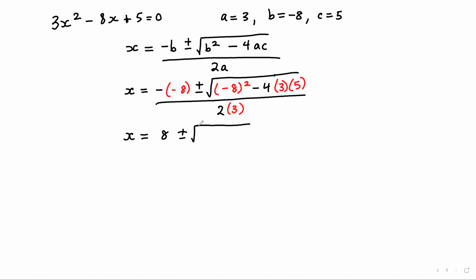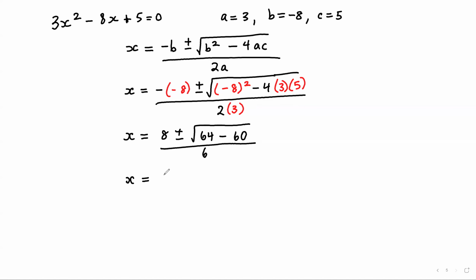It's 64. 8 eights are 72, take away 8, which is 64. And then 4 times 3 times 5 is 60. 4 threes are 12, and 12 times 5 is 60. All over 2 times 3, which is 6.